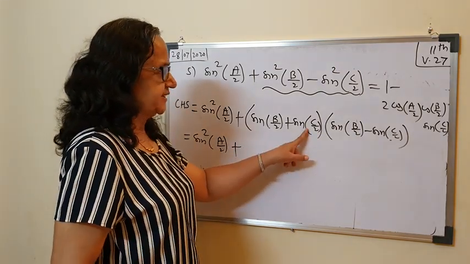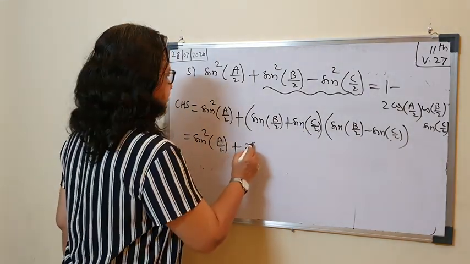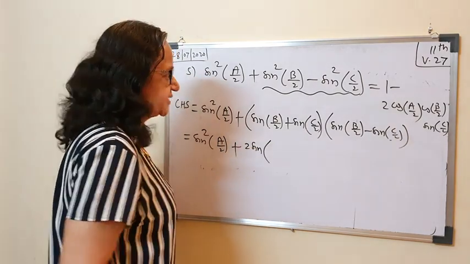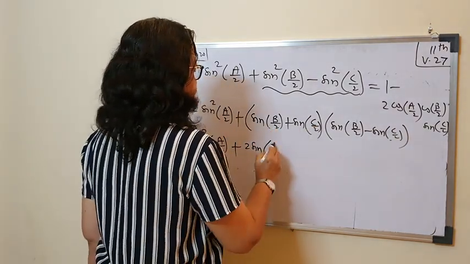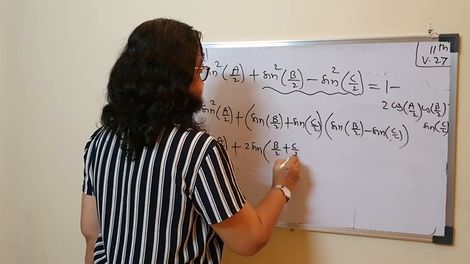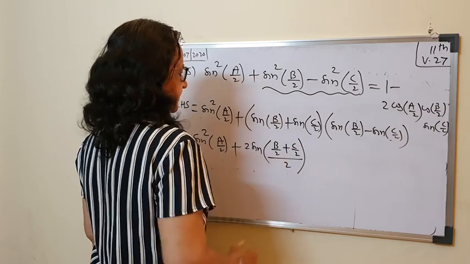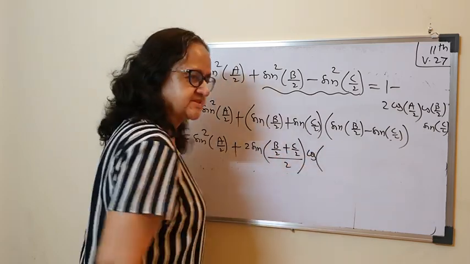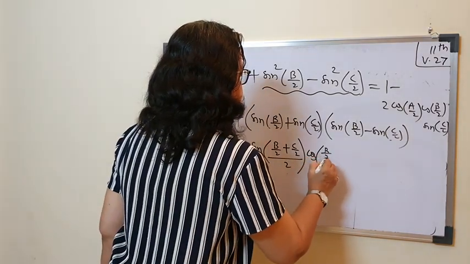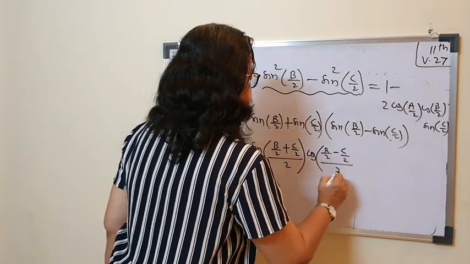sine C plus sine D. Formula: 2 sine, addition C plus D, B by 2 plus C by 2, C plus D upon 2, and cos C minus D, B by 2 minus C by 2 upon 2.